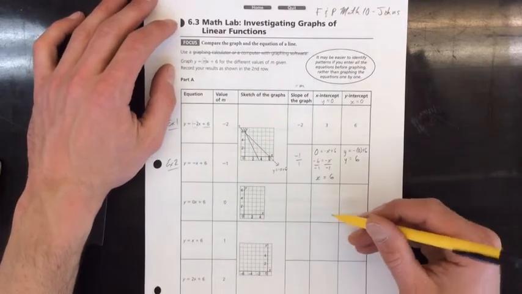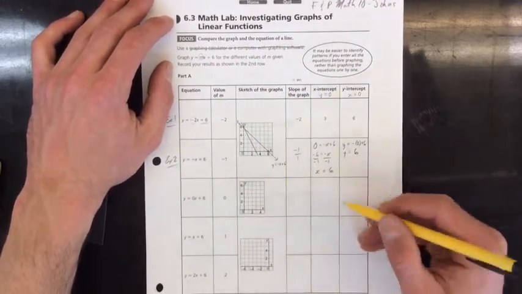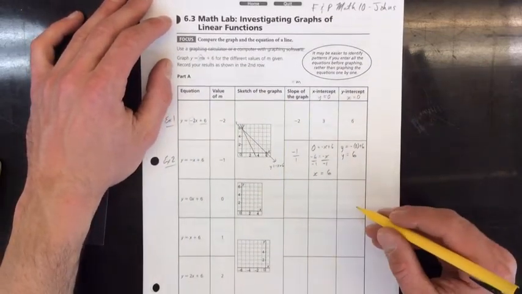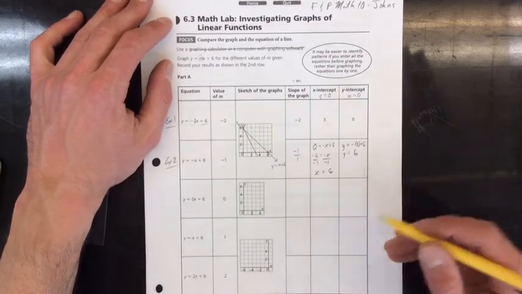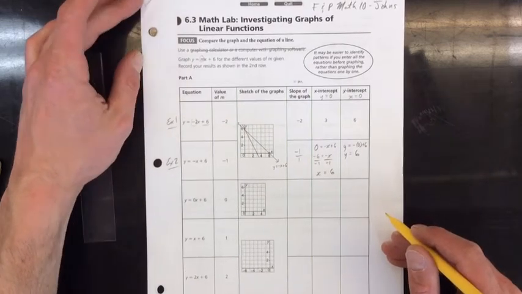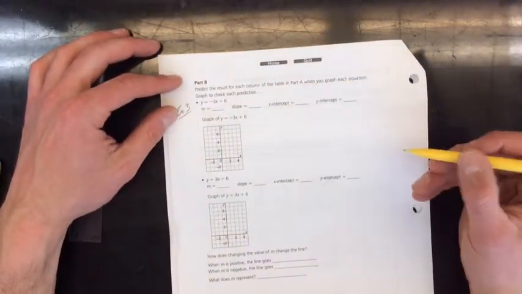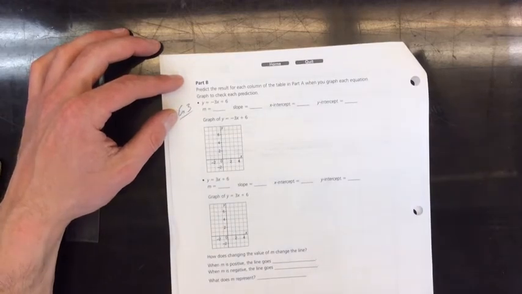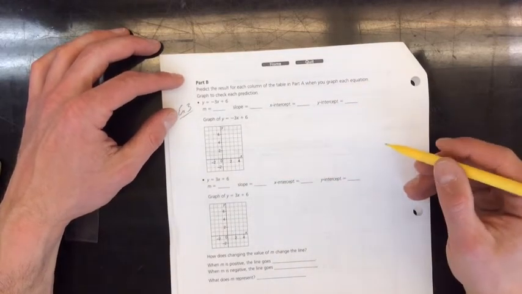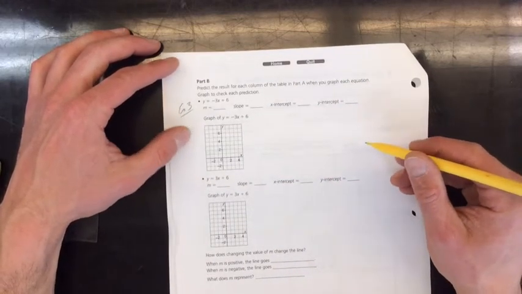What I'd like you to do is graph the next 3 lines and figure out the slope, x-intercept, and y-intercept, and try to really find a pattern here. Then do part B, whereby we're going to explore the different aspects of the equation.